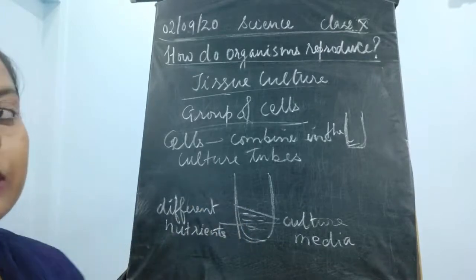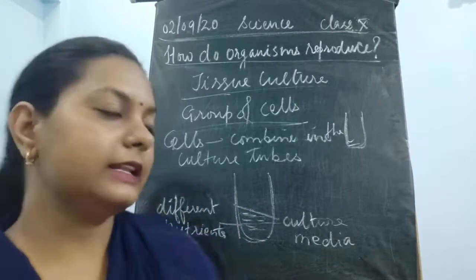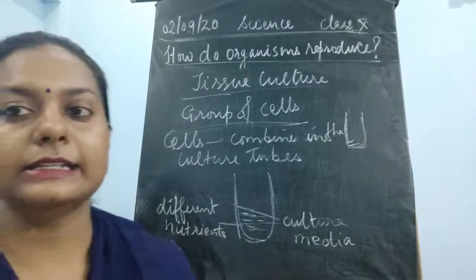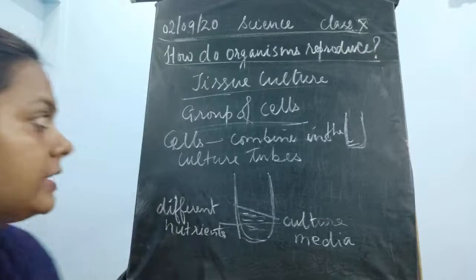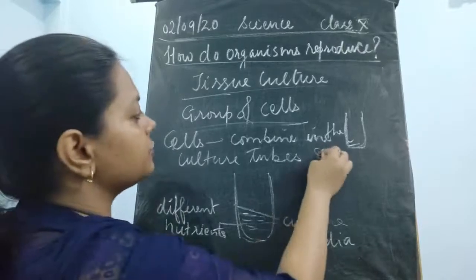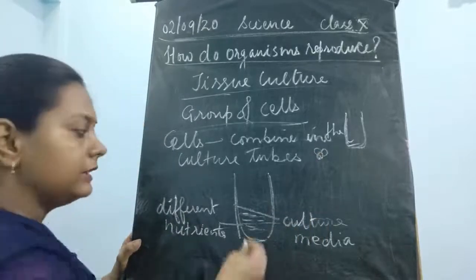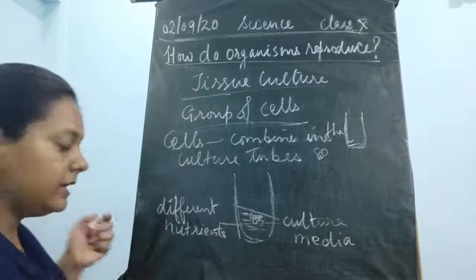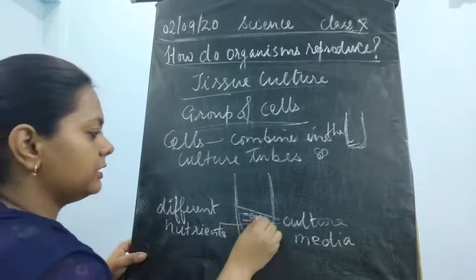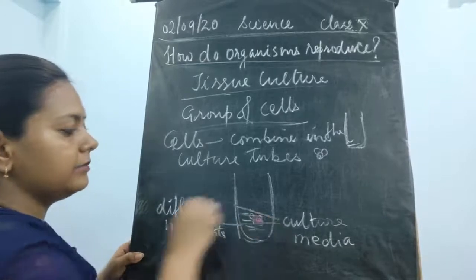It contains hormones, it contains sugar, it contains all the things which are necessary for the growth of these tissues. We'll put the desired tissues which we have made in the culture medium.